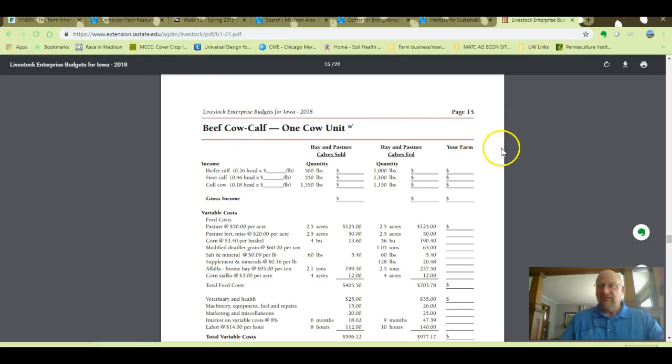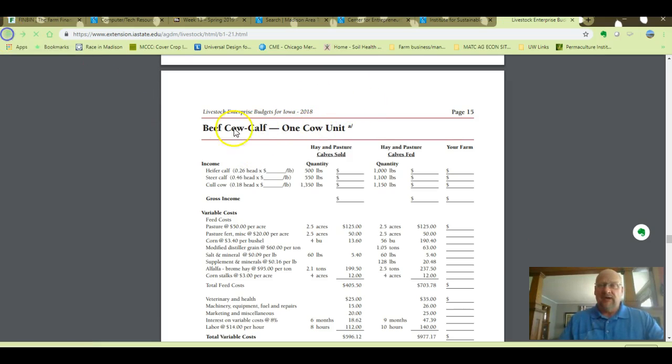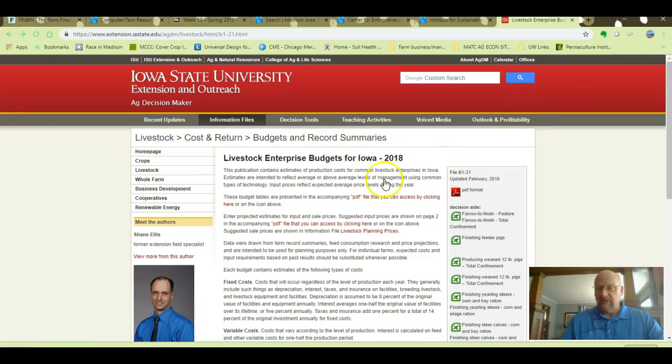And starting on page 15 is where they break down the costs that they put in there for the beef cow calf on a 1 cow unit. Like I mentioned earlier, that is found on this livestock enterprise budgets page of the Iowa Egg Decision Maker.